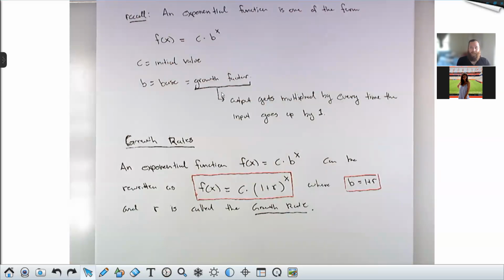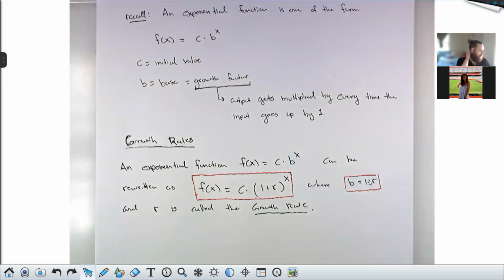If b is 1/2, then r is negative 1/2. If b is 1.3, then r is 0.3. So for any base b, you can always split it up as 1 plus something, and that something is the growth rate.